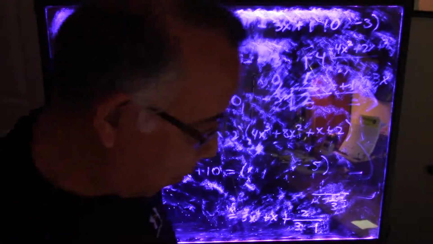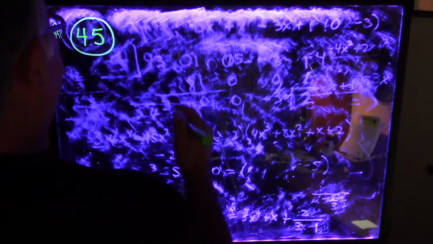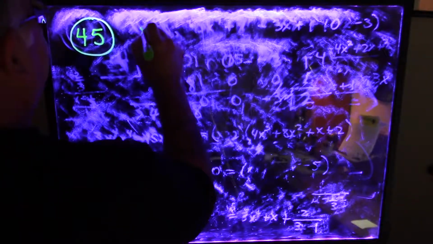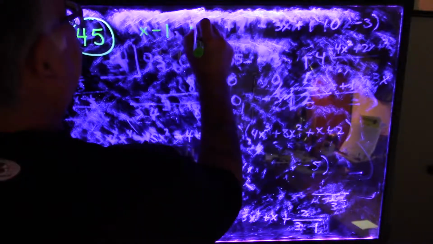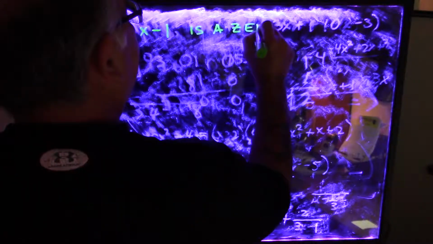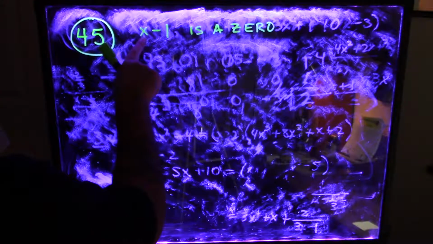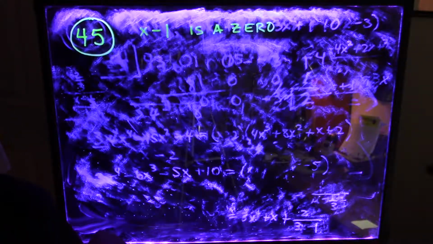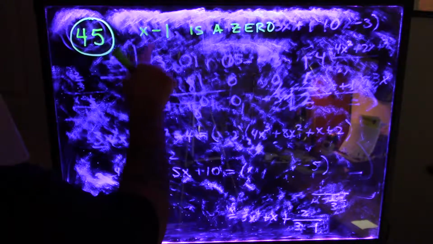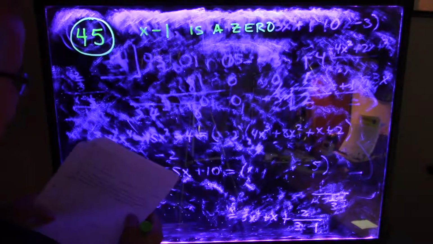That's going to be very relevant to what we're doing. So x minus 1 is 0 because when x equals 1, 1 minus 1 is 0. The function equals 0 when x equals 1.